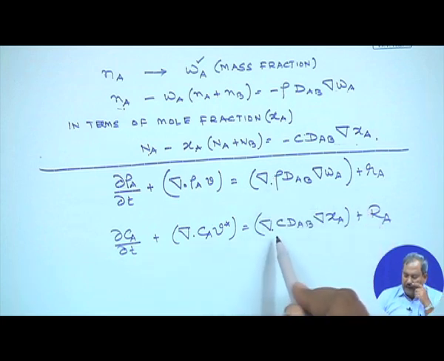So these are equivalent equations, but we should also point out certain limitations, certain things that we have assumed which must be mentioned. We said that diffusion takes place only when there is a concentration gradient present in the system, but there are other ways by which diffusion can take place.